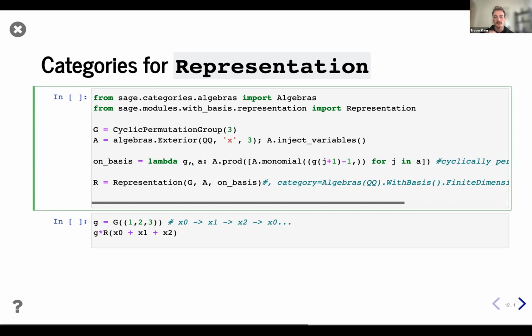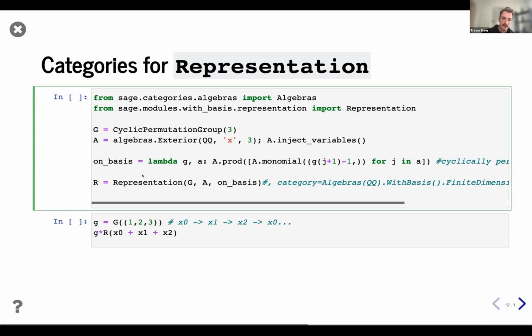We do have a way to act on the right if that's something you need, in which case you would just swap those. Okay, so I'm extending this multiplicatively, and I'm just saying, okay, well, this should be permuting the variables. So in the same way that we saw symmetric functions earlier, this is just that same action on the subscripts.